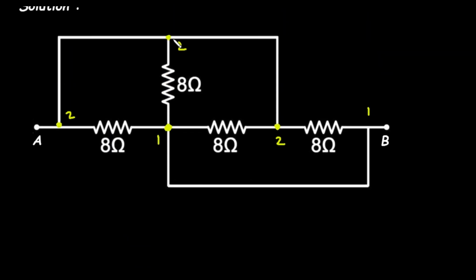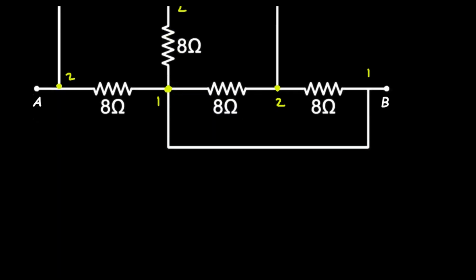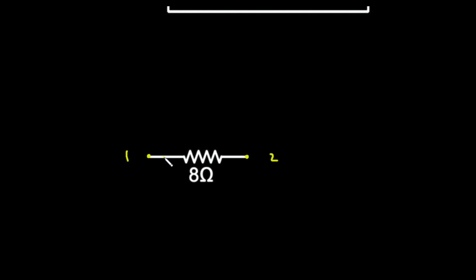We will combine this 2 and this 2. So here we can see this 1 is connected to this 8 ohm and this 8 ohm is connected to 2. That means this 8 ohm and this 8 ohm are connected in parallel. So let's draw one more resistor connected parallel to this 8 ohm. So it will be like this.